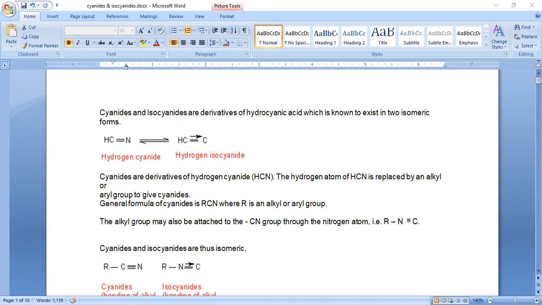That is 1s2, 2s2, and 2p3. Here, the nitrogen atom undergoes sp2 hybridization.